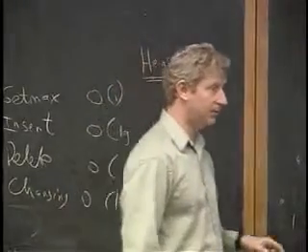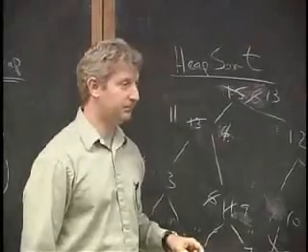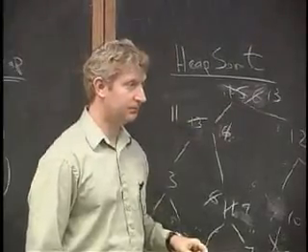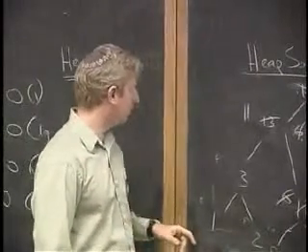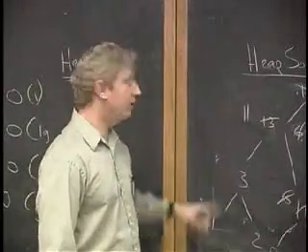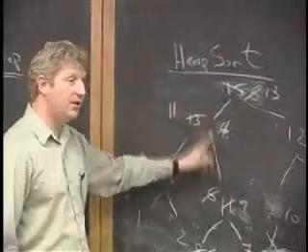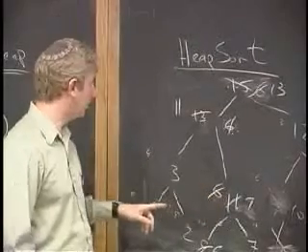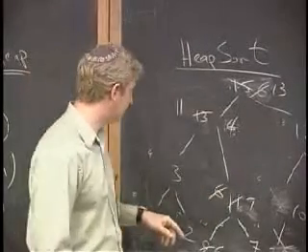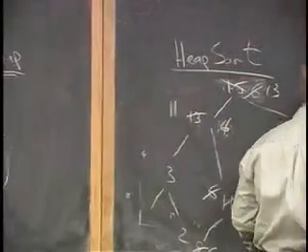You have to do a little check back down to both of your children after you get promoted? Because couldn't you be larger than the 12 but smaller than the other 12? I don't think so, because, assuming it was already a heap on top, this has to be bigger than the other child. Say it's a 15 on top and a 14 on the left, and a 12 over there.